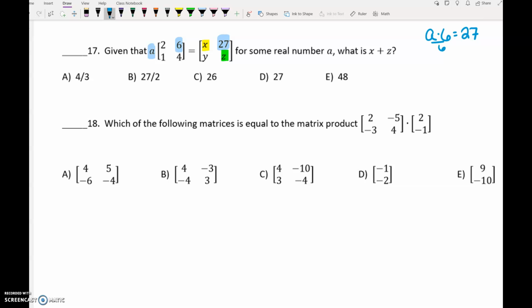We can divide both sides by 6 to figure out what A is. A happens to be 4.5.